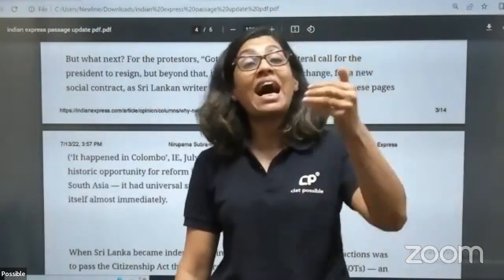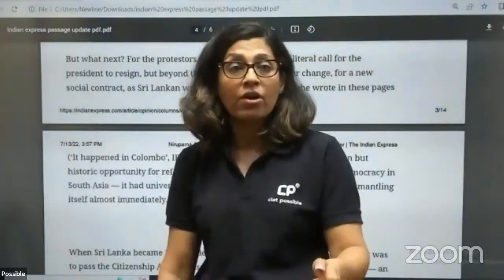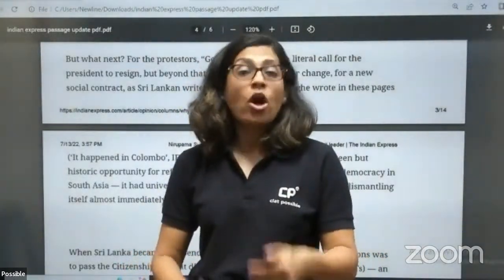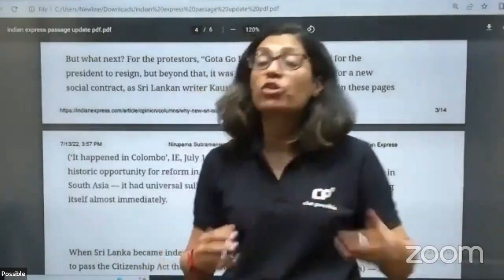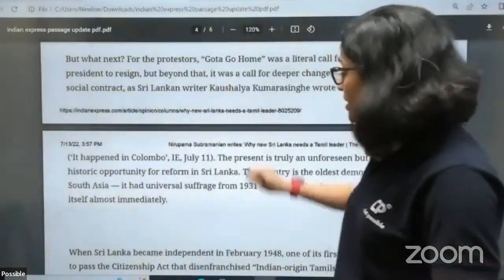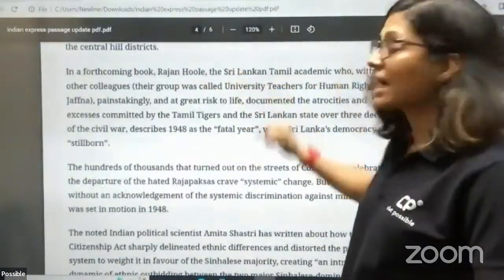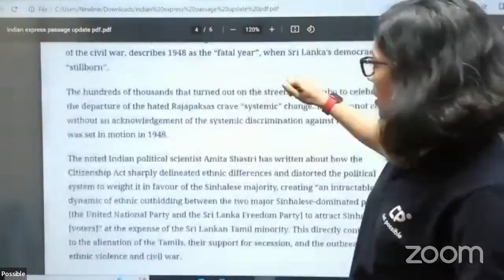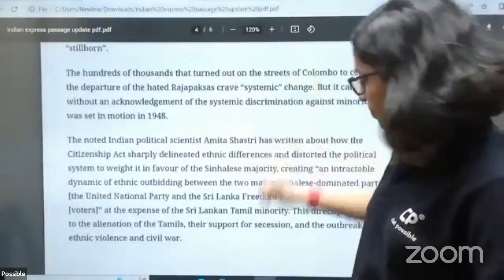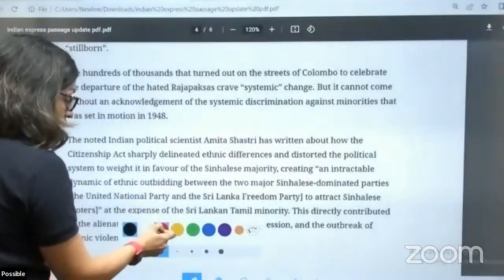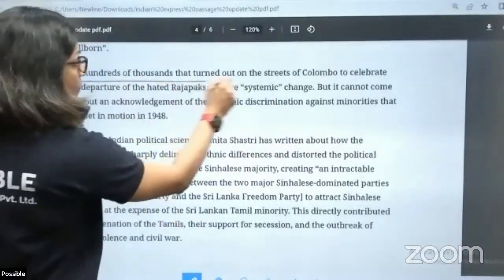Because Sri Lanka has this very scarring history where right from the beginning, the minority were not given rights and there were a lot of atrocities committed. Hence, the author is giving us the list of atrocities and the research done by the academics. Again, now you see after history, the author goes back to the protesters.